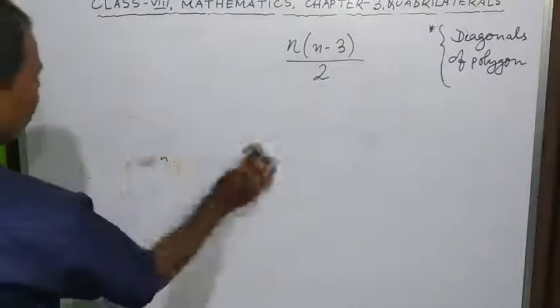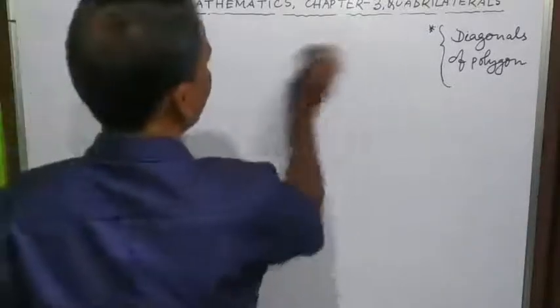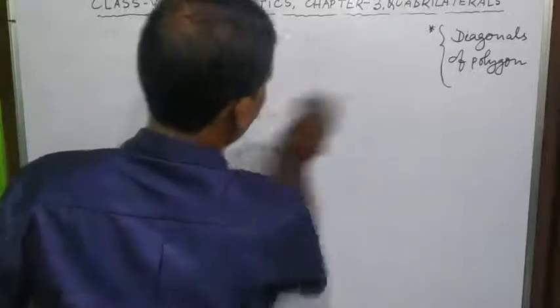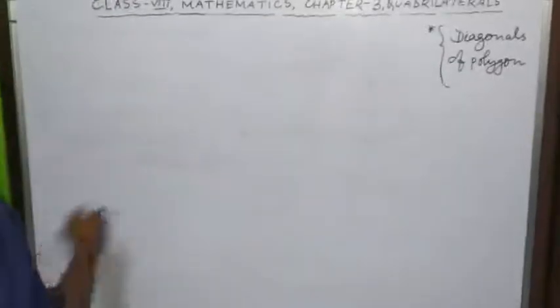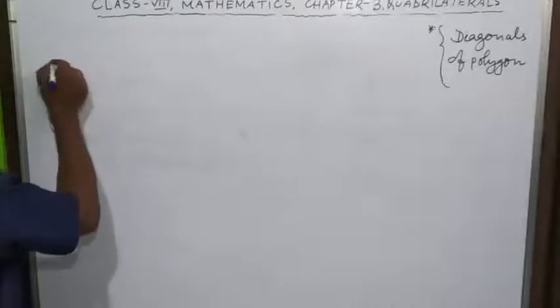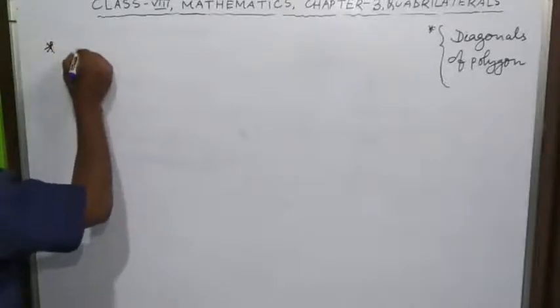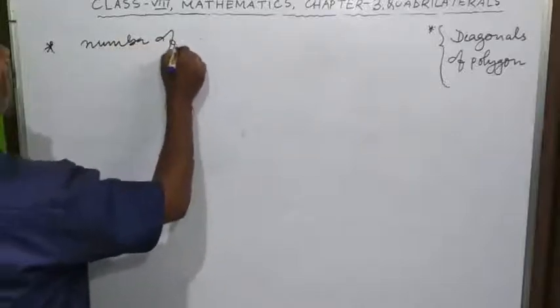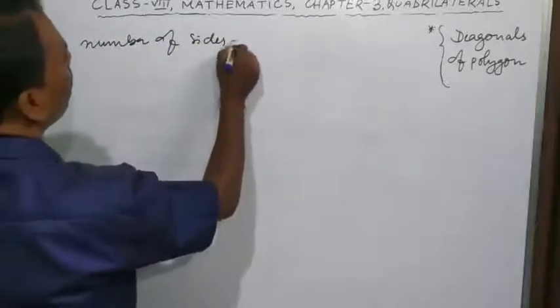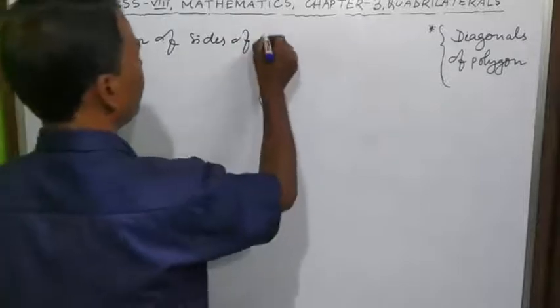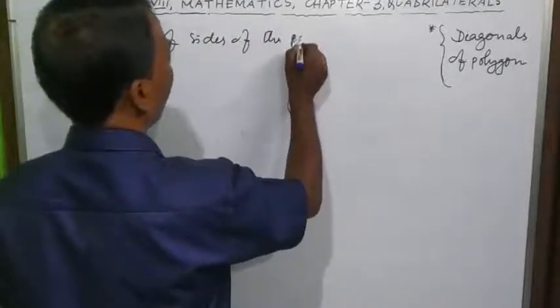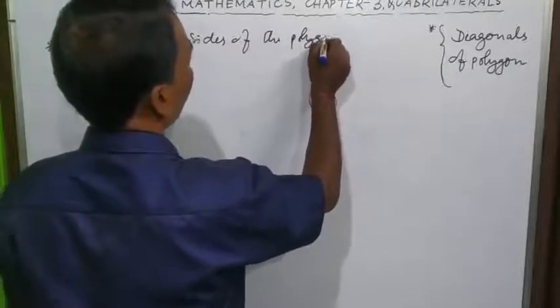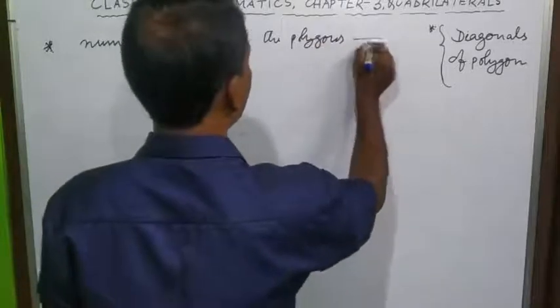We will compare the value using the manual process also. Now see, suppose here it is a question: number of sides of polygons.